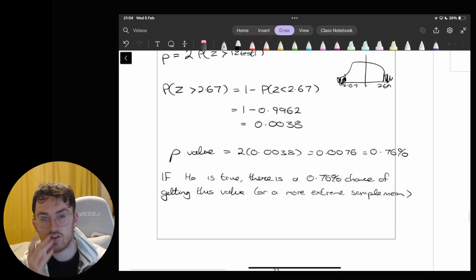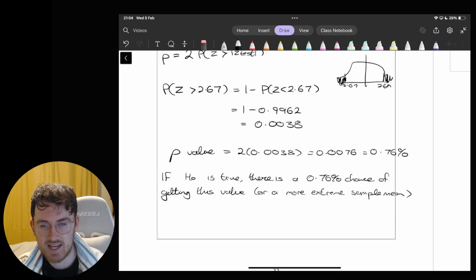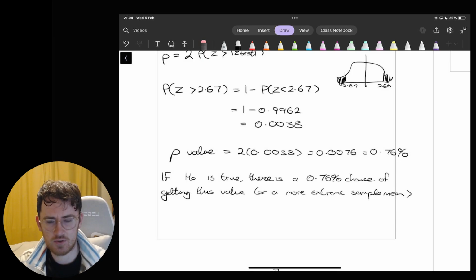Or in another way of phrasing it, if the null hypothesis is true, we would expect to get this value 0.76% of the time. So the fact that we have gotten it does suggest something's a bit out of the ordinary here.